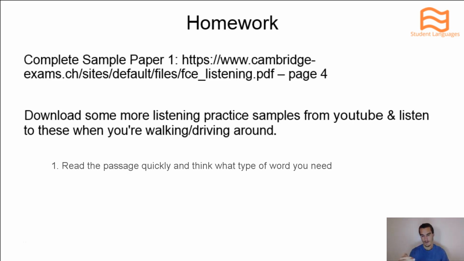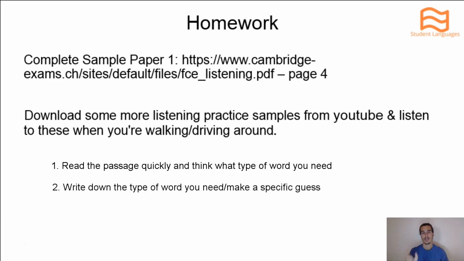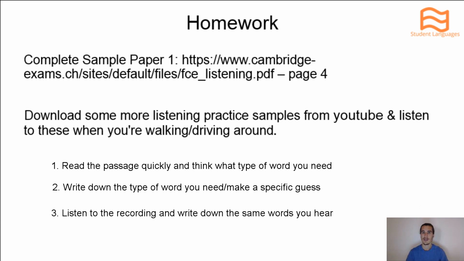So read through the passage for 45 seconds before the listening starts. Write down what you think goes in the gaps, what type of words, and if you can make a specific guess, make a specific guess. Then listen to the recording and write down the exact same words that you hear.